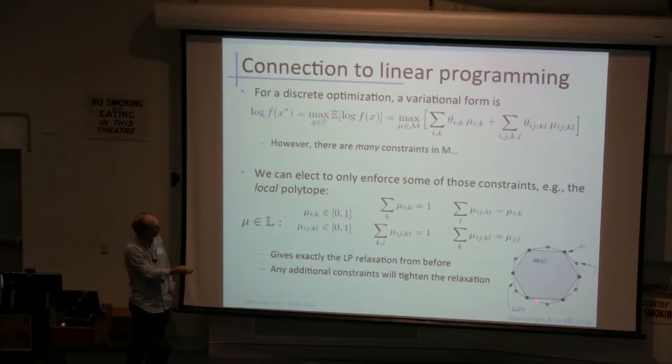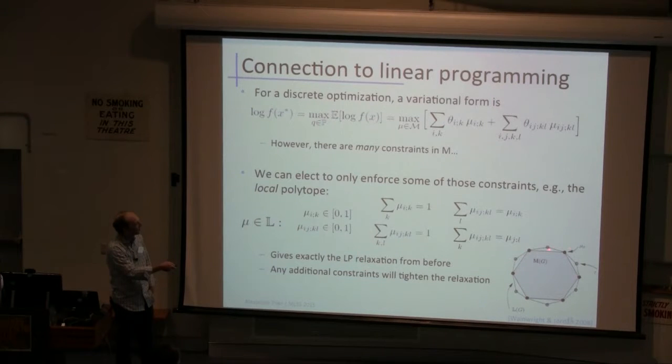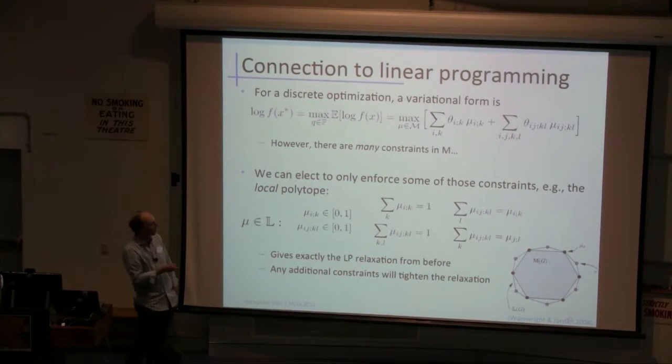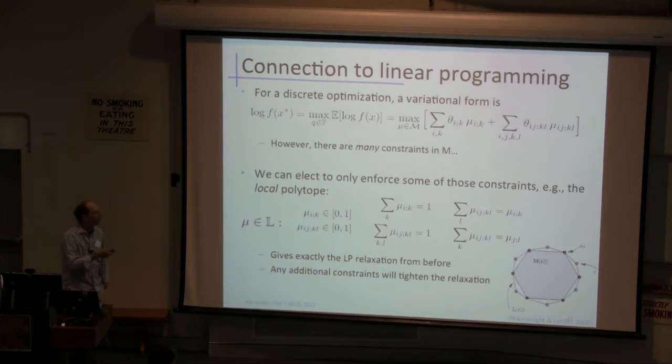So this is a common visualization of this. The marginal polytope M has vertices corresponding to the configurations of the discrete system. This local polytope relaxation may have additional vertices that don't correspond to any true distribution.